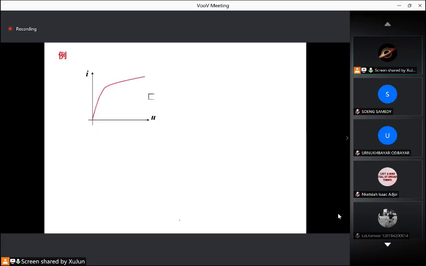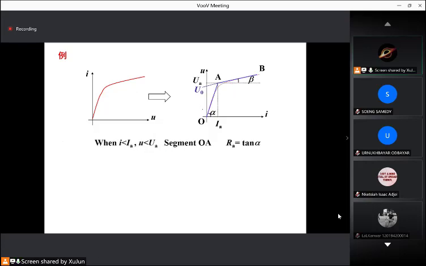For example, for this curve, this is nonlinear. But we can use two straight lines to express it. When I is less than IA, the segment OA, we can use the resistance RA to express it. It is equal to tan alpha.